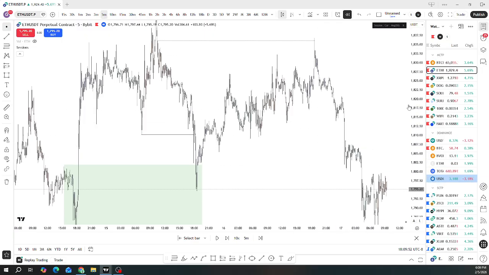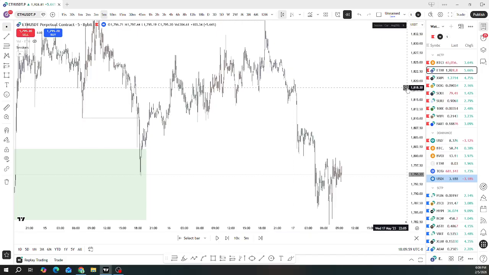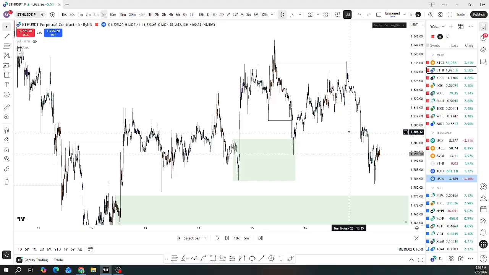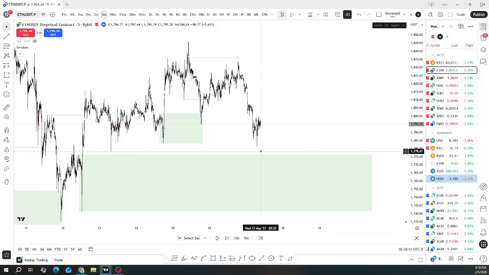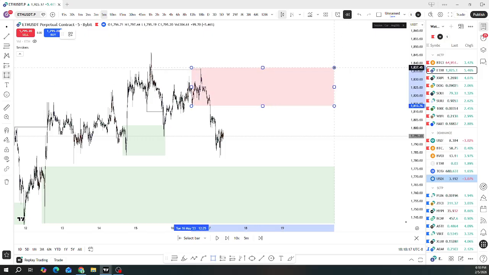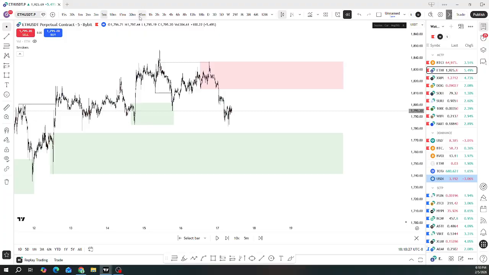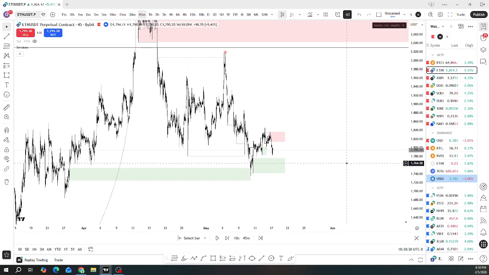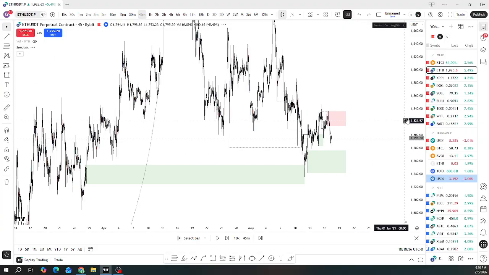Even if I was interested in trading, it doesn't look like there was an entry. Definitely looking more bearish there locally.